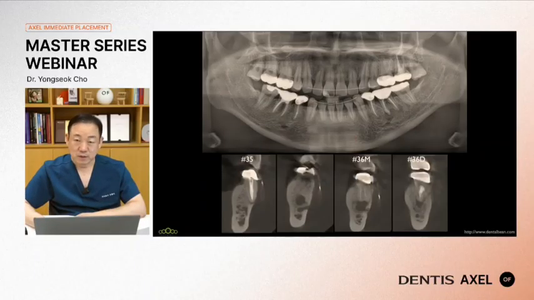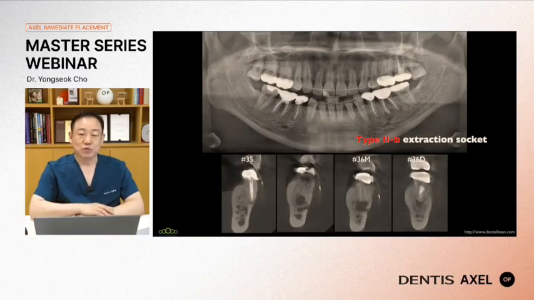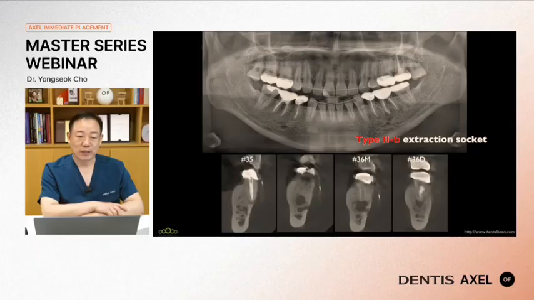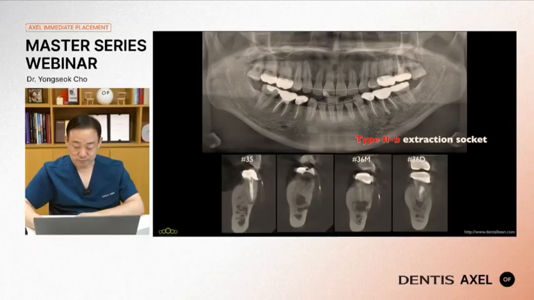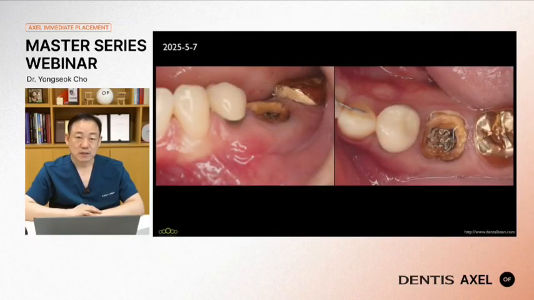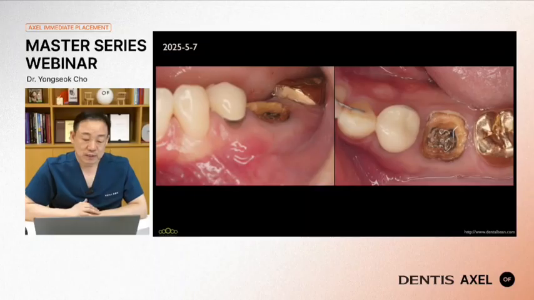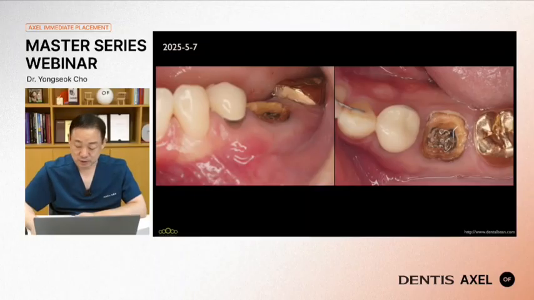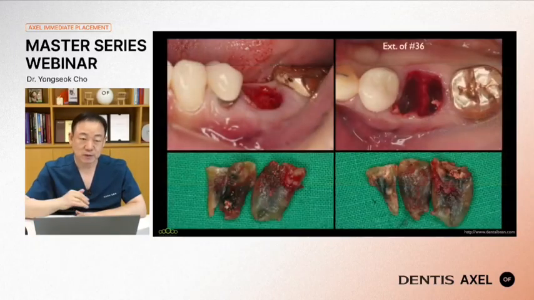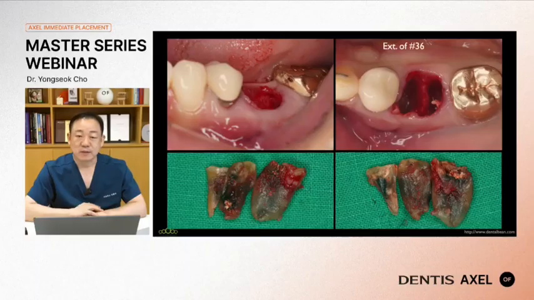Okay. This is type 2B extraction socket, so it's better to extract the tooth and wait several months. So I decided to extract the tooth, okay, bisecting the roots and then extracting the tooth.